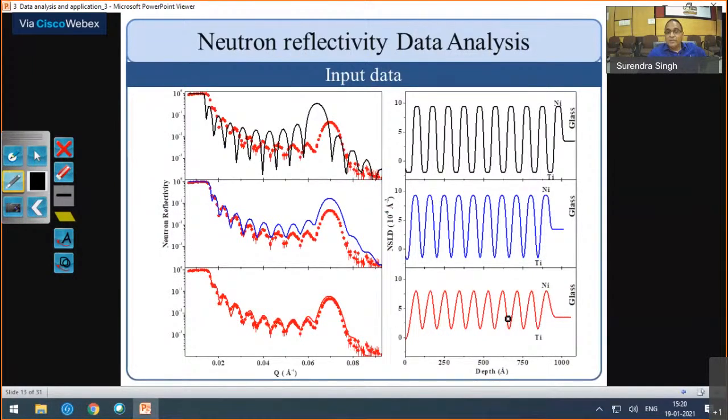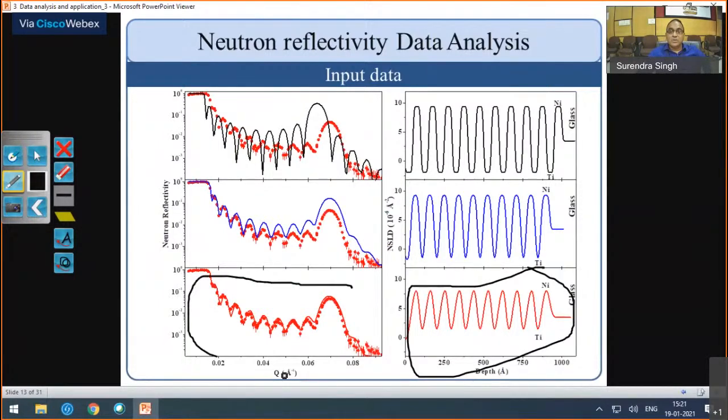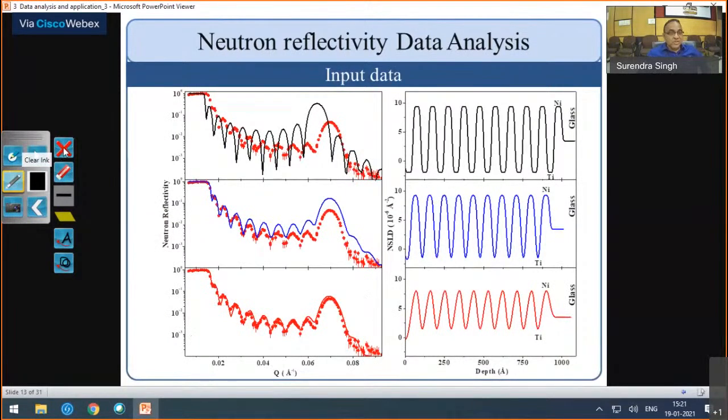This is the final scattering length density for the nickel-titanium multilayer, and this is the fit. So these are the steps of how we do the analysis, and then we report. This is our final result, because this is giving the best fit for this data. Okay. So this is typically how we do the analysis of neutron reflectivity data.